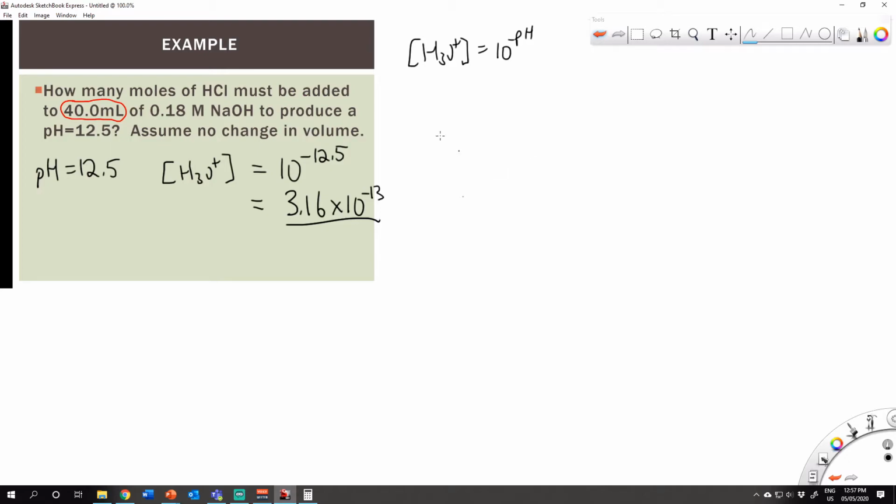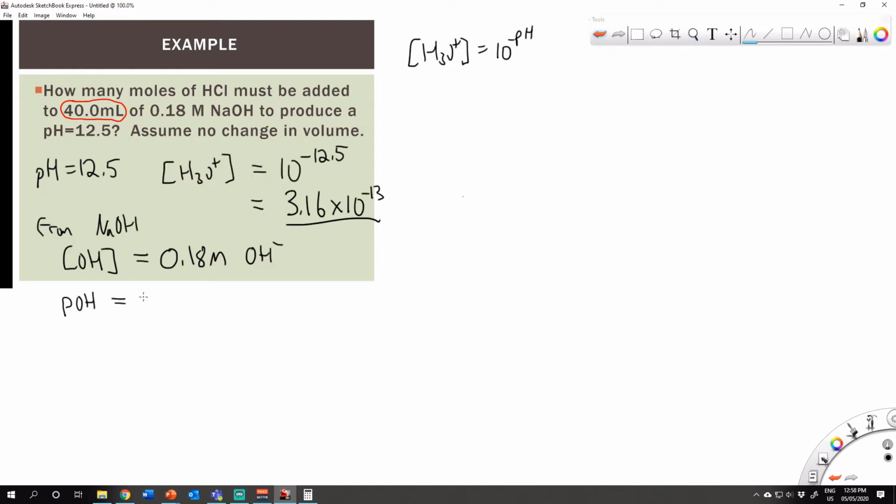Okay. From the NaOH, we can figure out the amount of hydroxide. Because of the leveling effect, the concentration of hydroxide will be the same. And then from here, we can figure out the pOH of this solution.